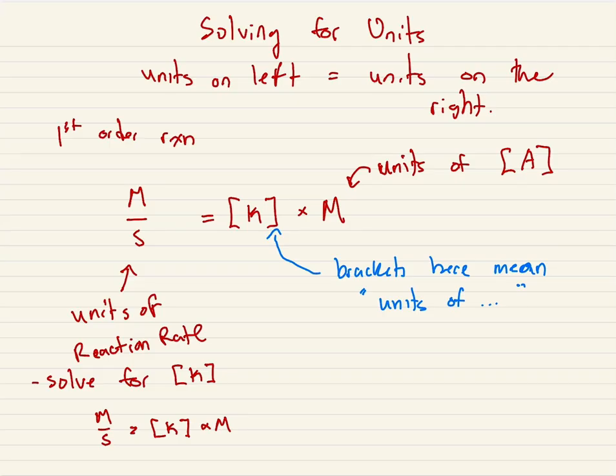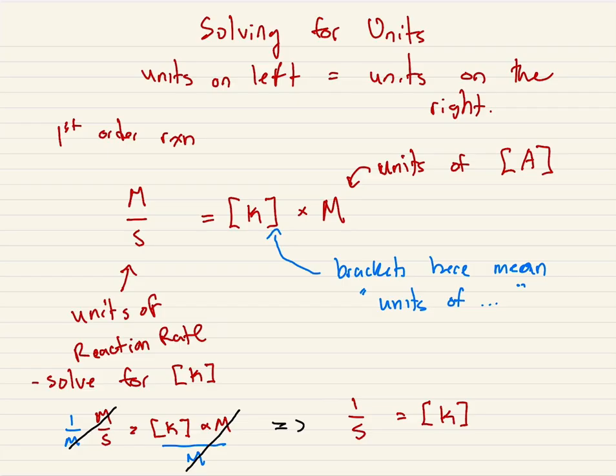We're going to divide both sides by molarity. On the right hand side, those are going to cancel out. And what about on the left hand side? They cancel out, top and bottom there. So this gives us that 1 over S equals the units of k.